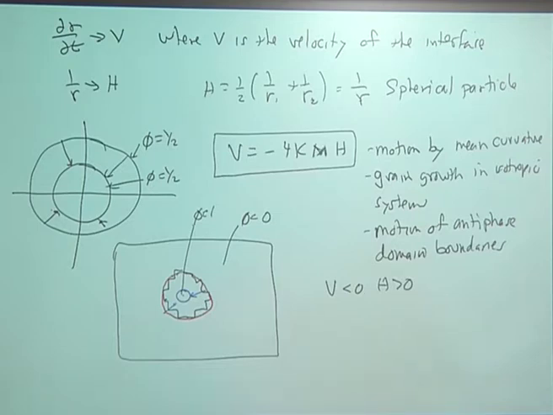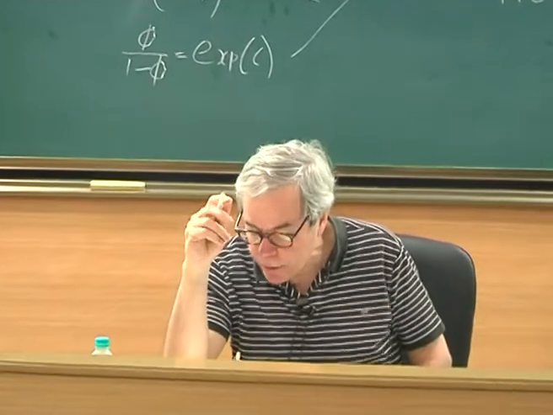So let me repeat this again. We just proved, by this kind of clever analysis, that the velocity goes like 4 times the gradient energy coefficient, which is positive, times m, the mobility. Does anyone remember their good old theory of grain growth?